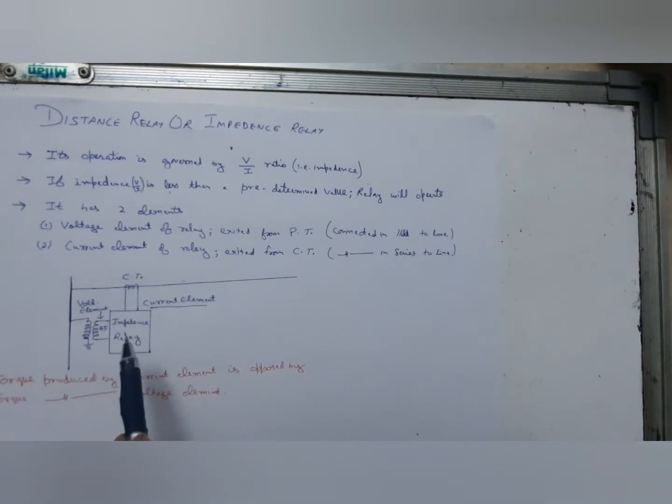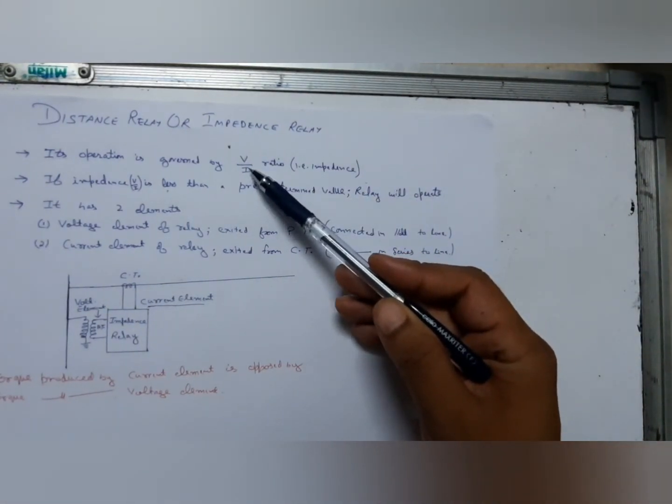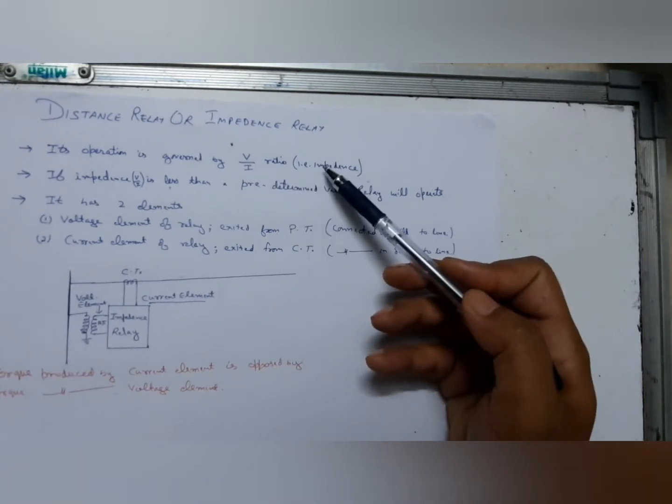If we have a fault, then the current which is picked up by the current transformer will increase, and if it increases, it will overcome the restraining torque of the voltage element and the relay will operate. There is one more thing to know: when the current is increasing in case of fault, we will have a decrease in the impedance.